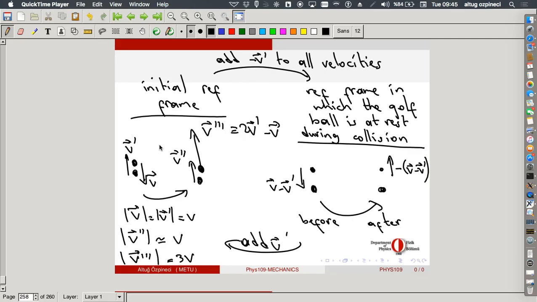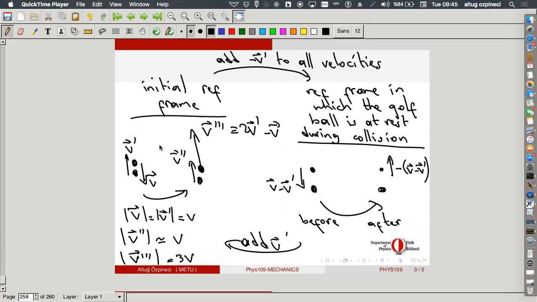If I take my reference frame where the golf ball is zero, it means the negative v minus negative v prime. I'm having difficulty understanding which reference frame you are talking about. So, your question? My question is, can I use a reference frame where v prime is zero, where v prime is the velocity of the ball?